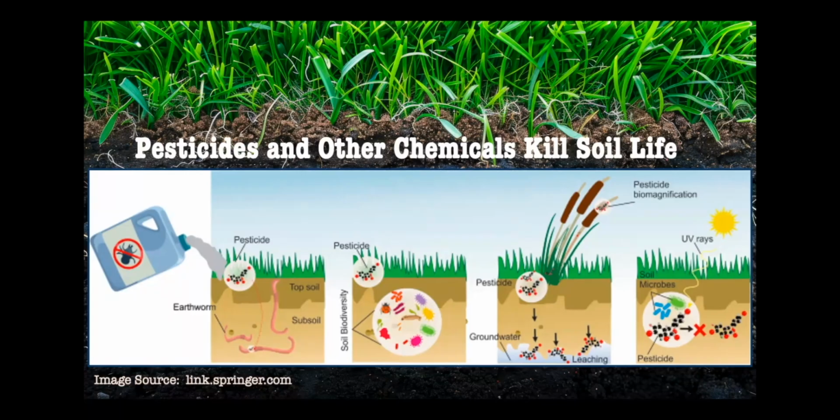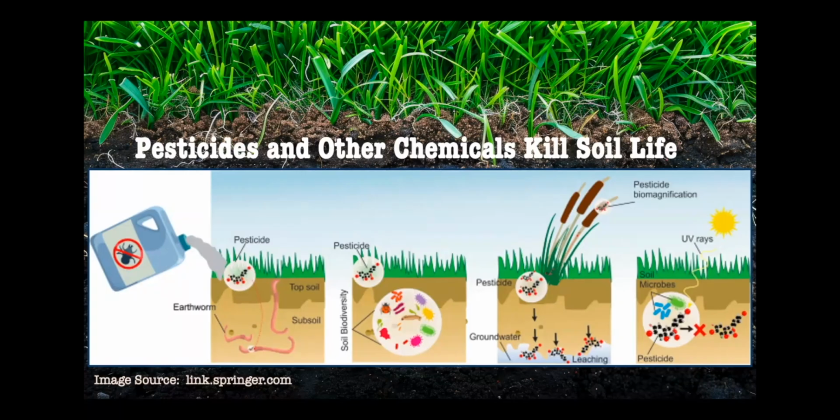So when you kill those, I mean, I have neighbors who just have companies come out and dump pesticides all over their yard, and I can't watch because it makes me cry. You want to have beneficial insects, so you don't want to dump pesticides all over everything. It cuts down your biodiversity.